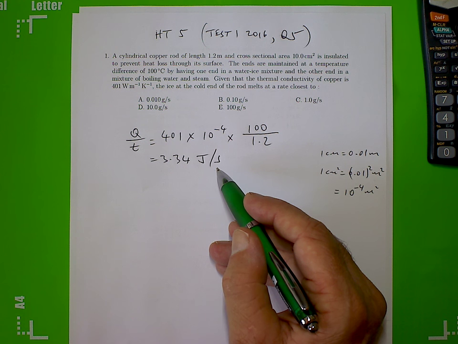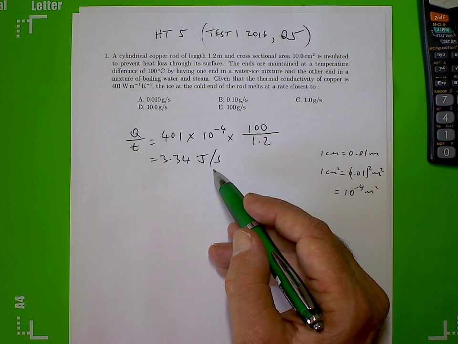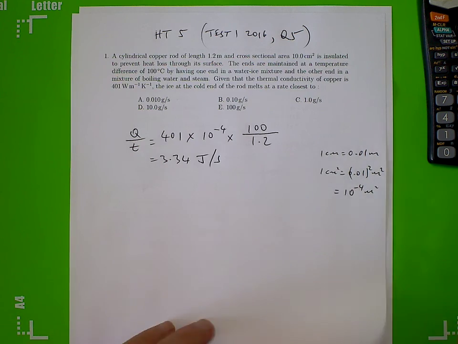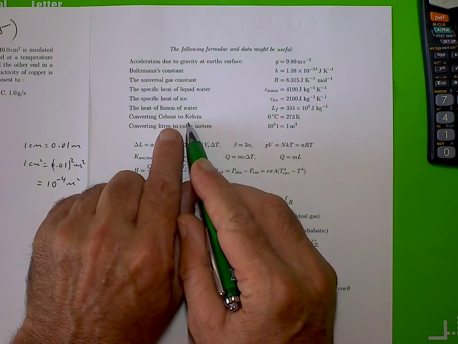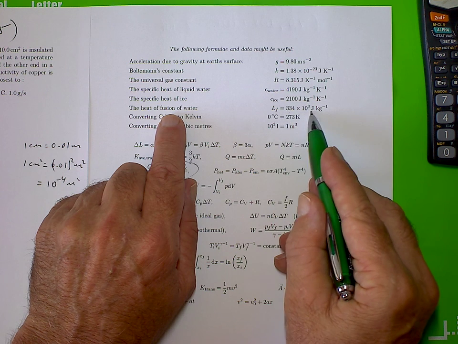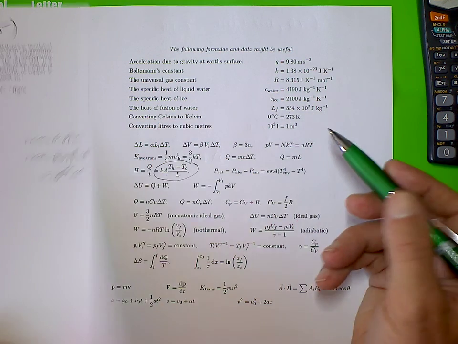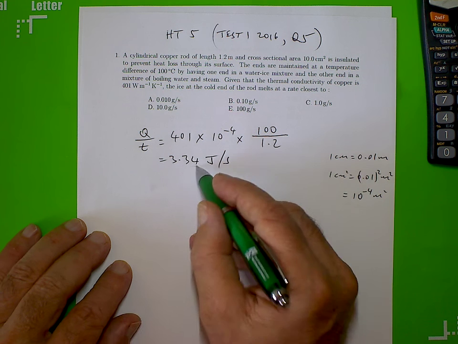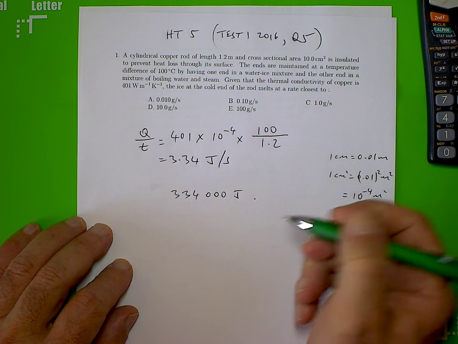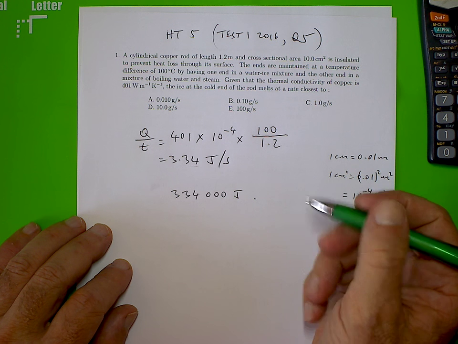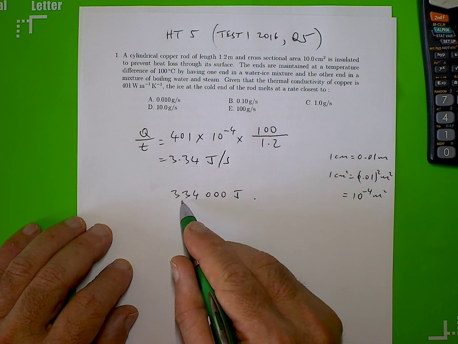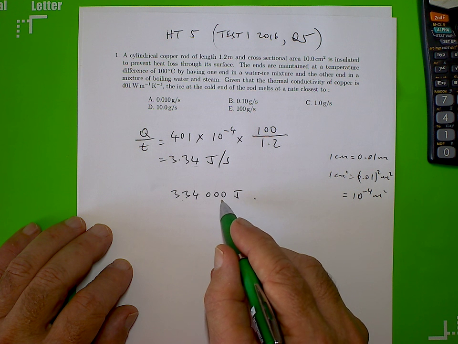Now, the question is, 3.34 joules per second has to melt ice. How much ice do we need to melt? Well, a kilogram of ice takes 334,000 joules. So that number's promising. 334,000 joules will melt me a kilogram. So 3.34 is, whoa, much smaller.